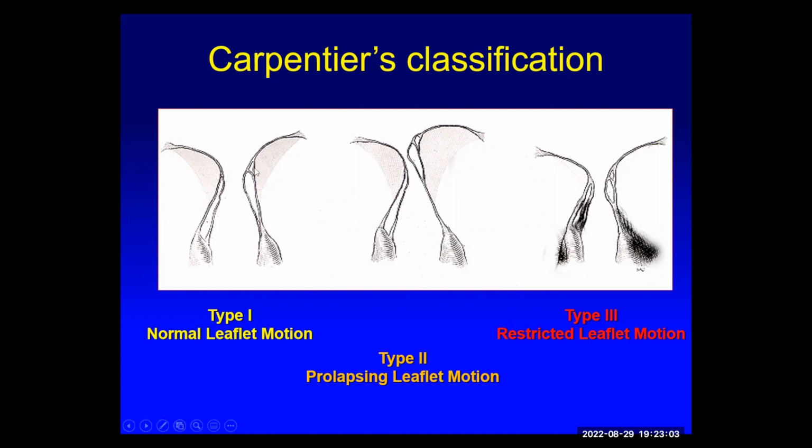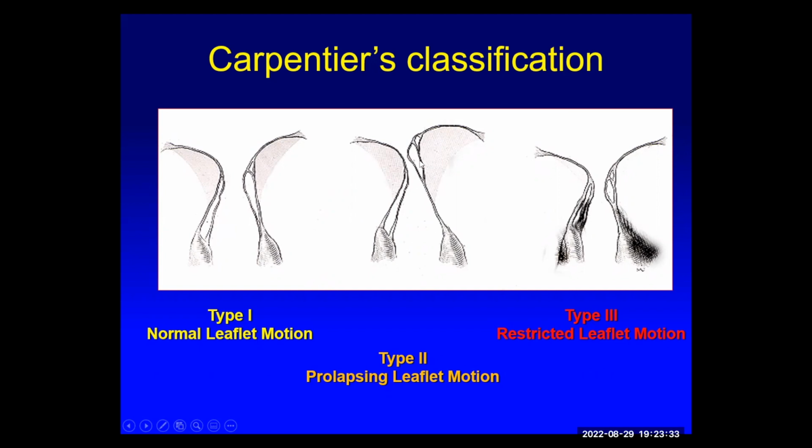Type 1 is where we have normal leaflet motion, but there is no opposition between the two leaflets, either anterior or posterior, it doesn't matter which one, but you have a distance. By usual definition, it's due to atrial fibrillation or functional regurgitation from a dilated poor ventricle, where the annulus is just coming apart. The valve itself is pretty much normal, but there is really a gap between the two leaflets.